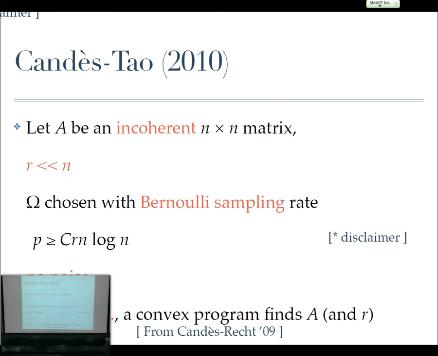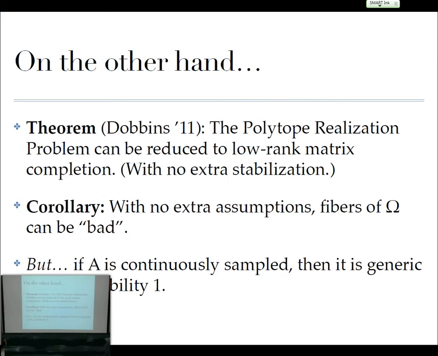So this is the start of where friends and I looked at this. Because on the other hand, there's something about this particular matrix completion problem. In his thesis, Mike Dobbins, whose name came up before in Arnaud's talk, proved the following fact: that polytope realizability reduces to low-rank matrix completion. And it does so without, if you look at the proof, adding any extra stabilization. So it has as much stabilization as Richter-Gebert's proof would have introduced.